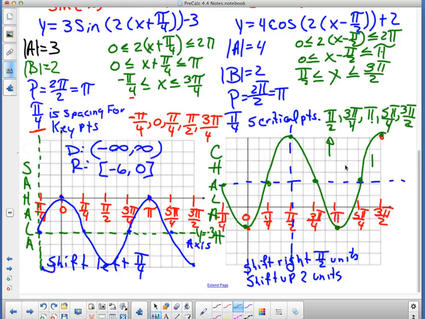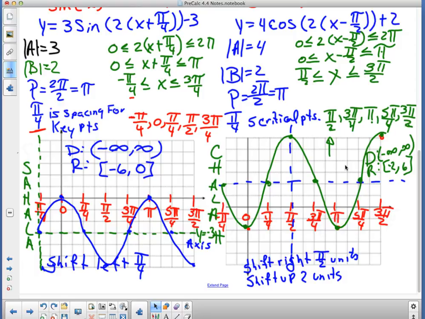Remember, the domain is negative infinity to infinity, and the range, what did our range go from? From -2 to +6. Let's get that drawn out a little bit better so you guys can see where that is. And I believe we got it.